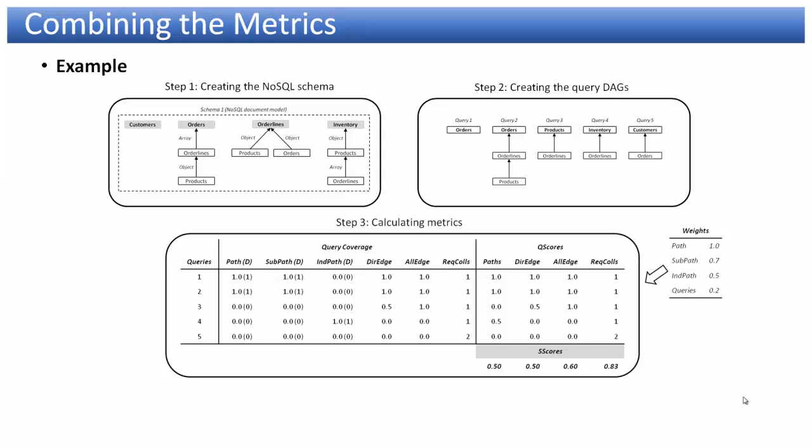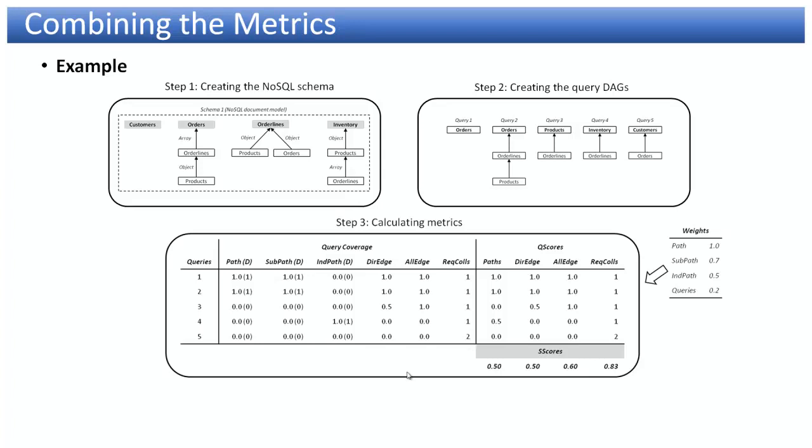Through the information in this table, the user can identify which queries require more attention or are not covered by the schema. For example, query 3 here is not covered by the metrics paths, and query 5 needs to join two collections to answer it.